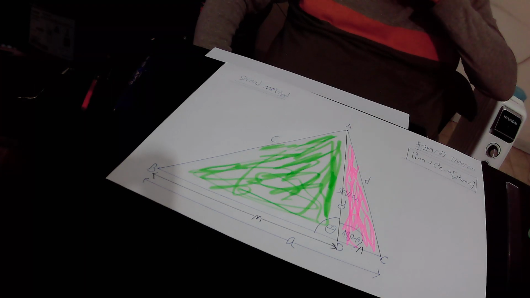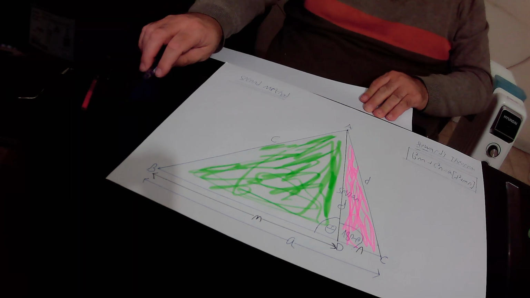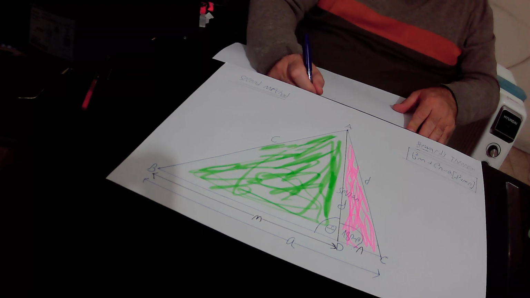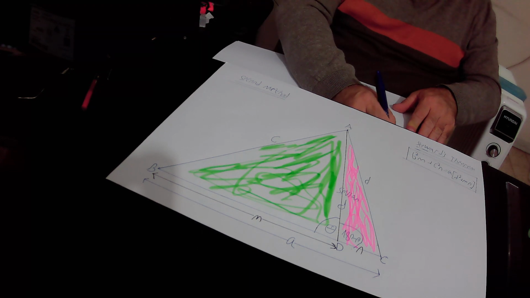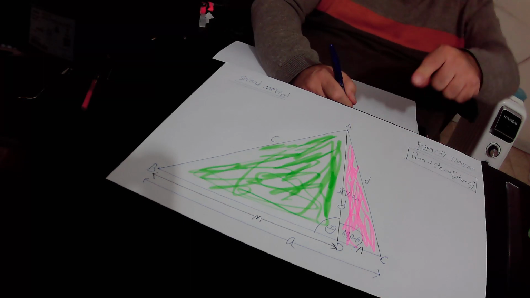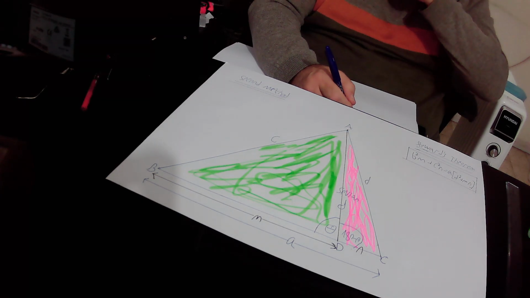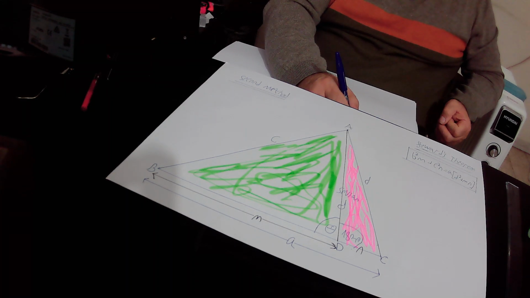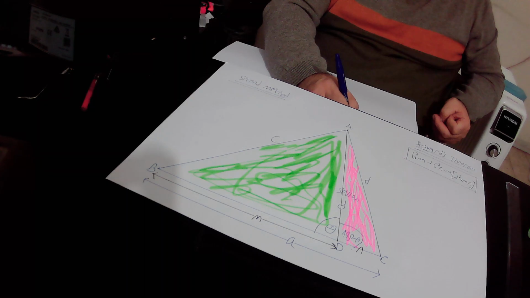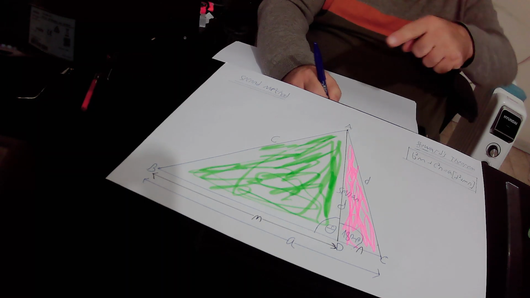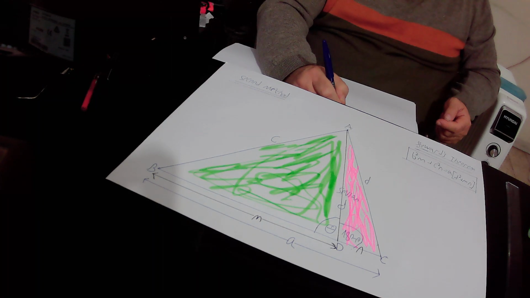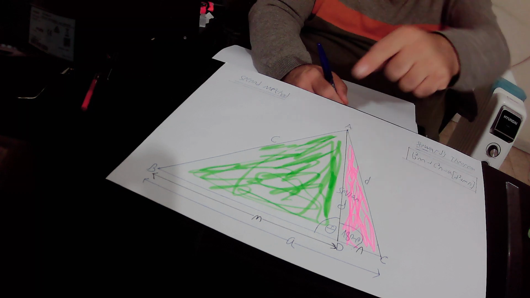Okay, in the green triangle ABD, according to the law of cosines, we get that cosine theta equals d squared plus m squared minus c squared over 2 times d times m.